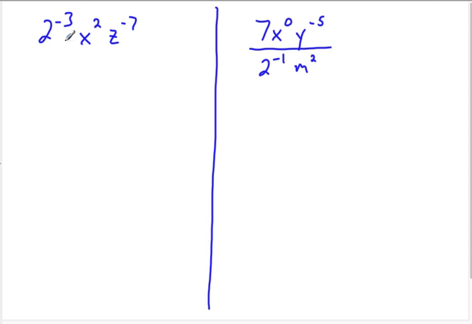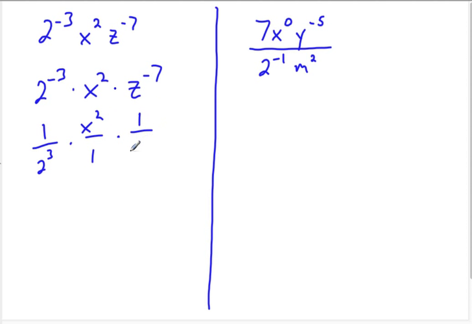Now, if you forget that rule, what's nice is you can just go through the mathematics of it. So let's take a look at this one. So again, I'm going to split this up into 3 different numbers here, because that's what having all these letters smushed together just means multiplication. And so 2 to the negative third is 1 over 2 to the third. X squared is fine as x squared, and z to the negative 7th is 1 over z to the 7th.